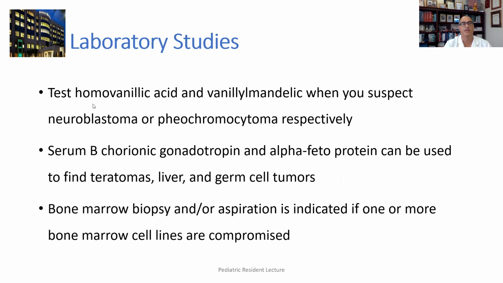The test for HVA or VMA, all these are obviously specific for tumors that secrete neuroendocrine hormones, neuroblastoma or pheochromocytoma. Other markers that we use for ovarian tumors, for a dermoid or others, usually we get quantitative HCG or alpha fetoprotein. Also, sometimes required for a better workup, the involvement with bone marrow biopsy and aspiration.